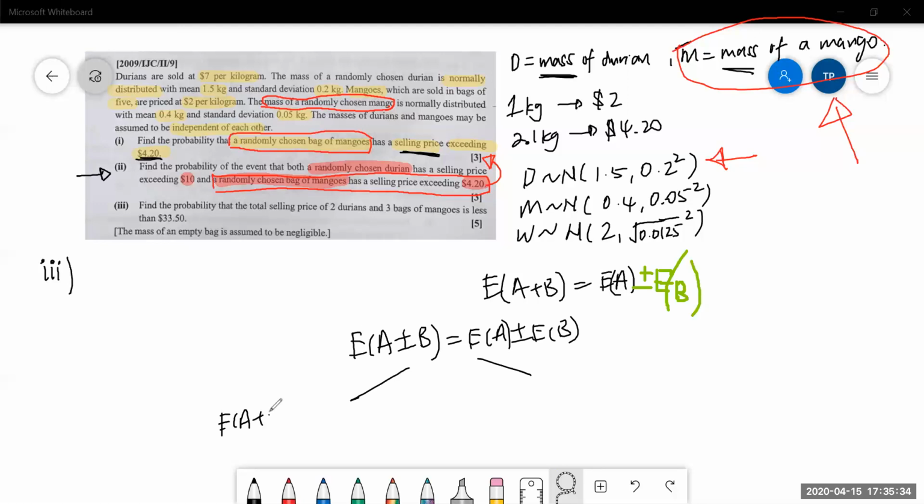Expectation of A plus B is equal to expectation of A plus expectation of B. On the other hand, expectation of A minus B is equal to expectation of A minus expectation of B. That's what it's trying to say.